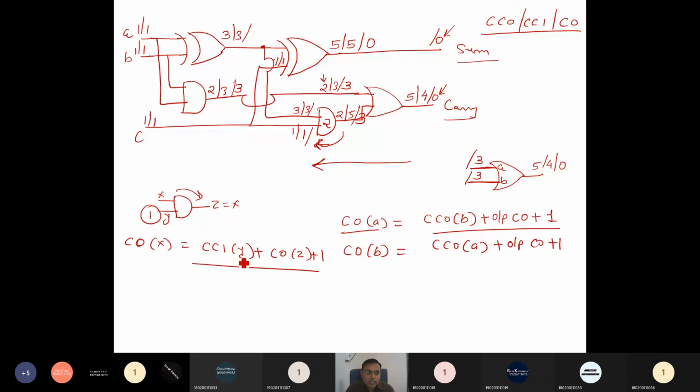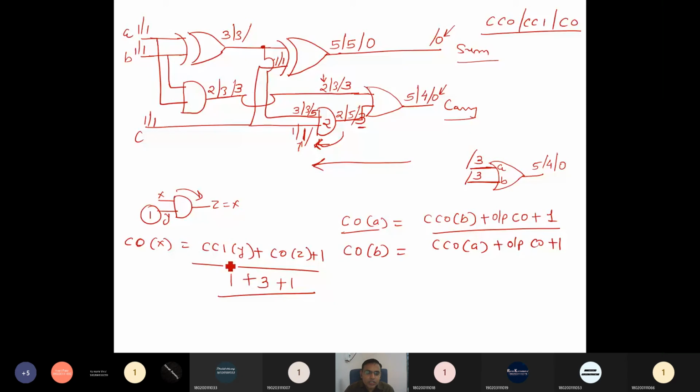So CC1 of Y, let me see what this value is. This value is 1. CO of Z, what is the observability at the output of the AND gate? It is 3, so 3 plus 1 is 5. So 5 is the observability of one of the inputs of the second AND gate.